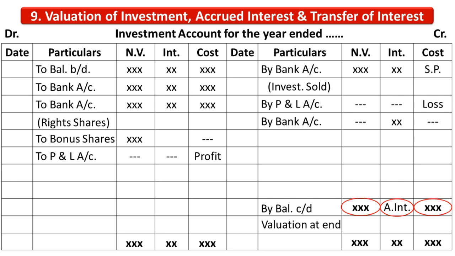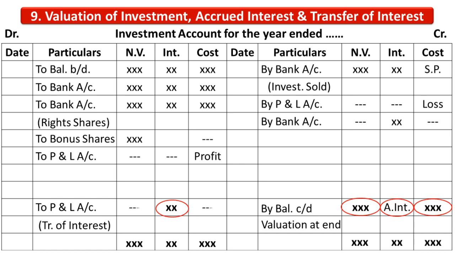We will find out the difference between debit and credit side of interest column, and then we will transfer the balance, that is interest, transfer of interest to profit and loss account credit side.